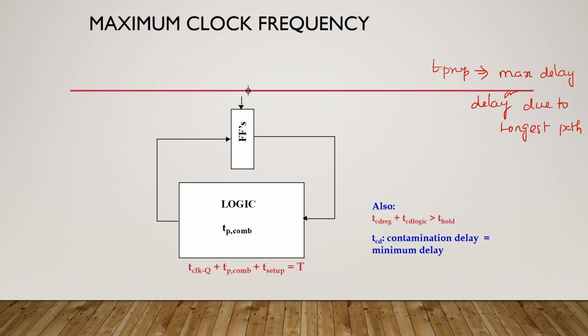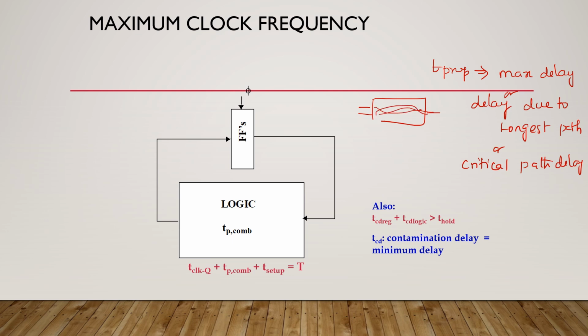The longest path is called the critical path delay. If you are designing any complex circuit, from the input side to the output side we have many paths.